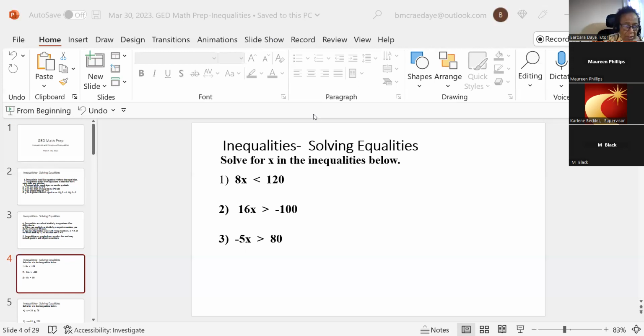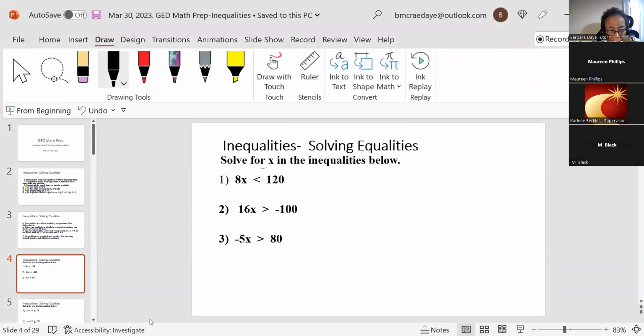But I want you to send me these 3 answers through the chat. Like I say, if you don't have the symbol, you can just write less than. So it says solve for X. Solve for the X, right? No, you got to solve it.